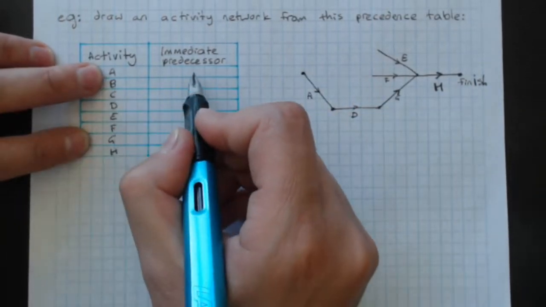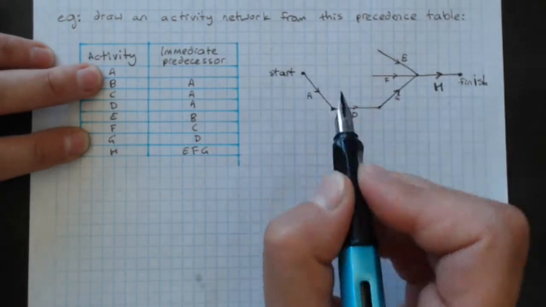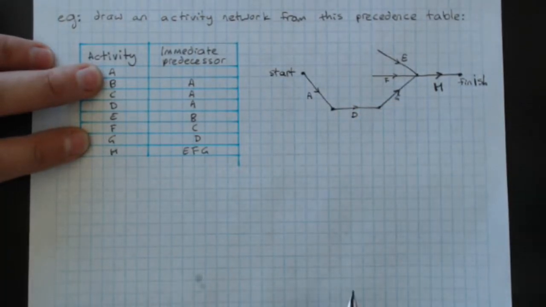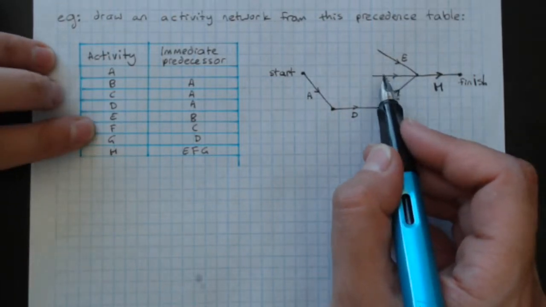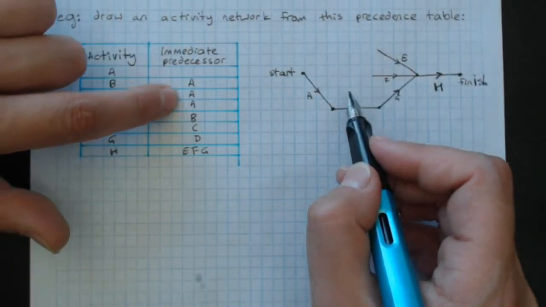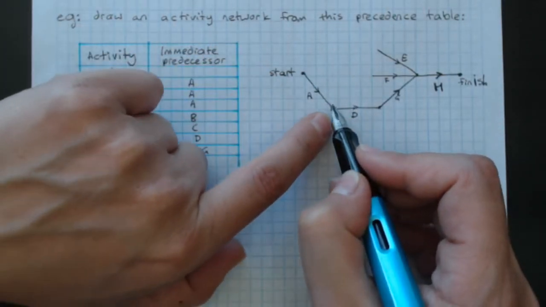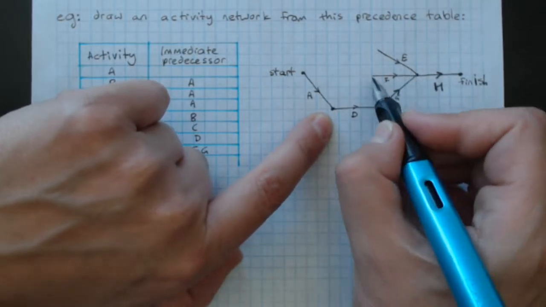And A has no immediate predecessors, so we're starting at A. All right, so we've got D in. Now what about F? F needed C. C needed A. So once A is done, C can happen, and then F can happen.